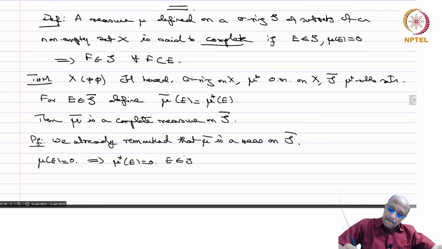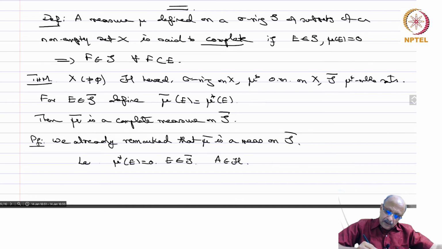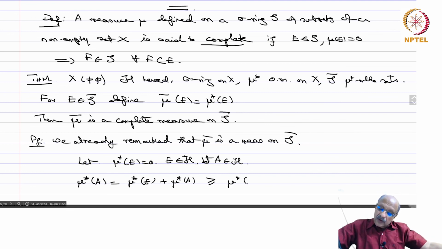Let mu star of E equal to 0, E in H. Let A belong to H. Then you have mu star of A is greater or equal to mu star of A intersection E, which is 0, plus mu star of A intersection E complement, by monotonicity, since E is bigger than A intersection E, and A is bigger than A intersection E complement.